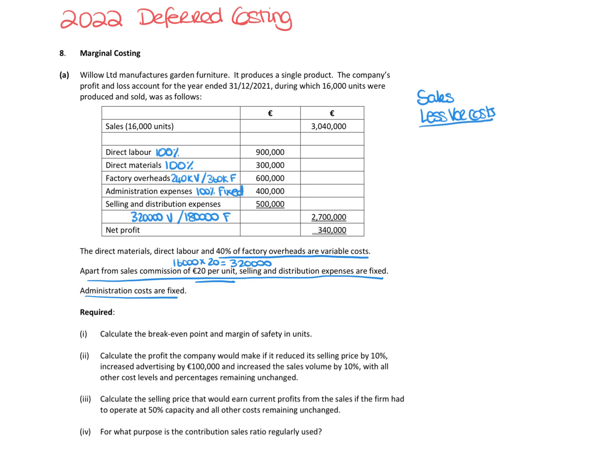Then we list out the variable costs. I think we've got 4 variable costs here. Then that will be equal to the contribution. And then we will take away fixed costs. I think we've 3 here, and then that will be equal to the net profit. Now the net profit is going to be the same as here, the 340,000 that we already have.